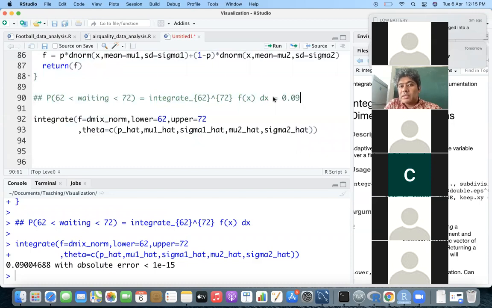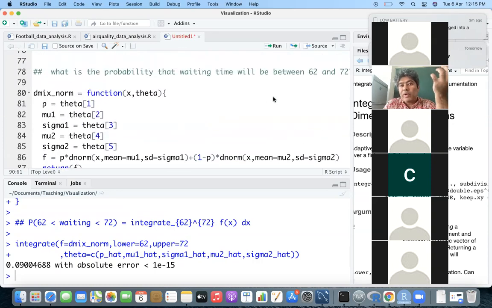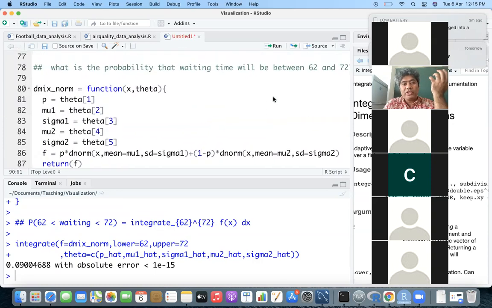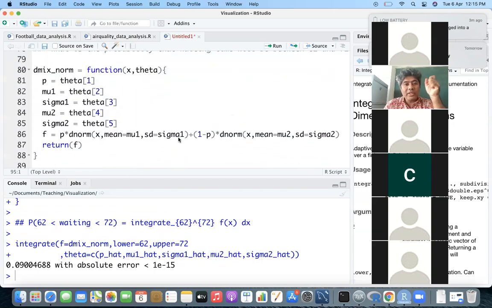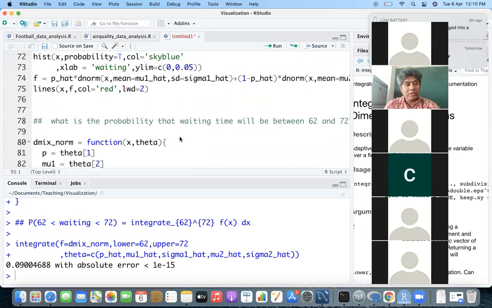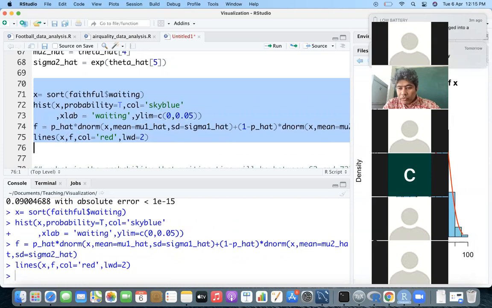So this is the kind of inference I can do, and you may ask why I bothered with this function, because all I have to do is check how many values are there between 62 and 72, divided by the total number of values.